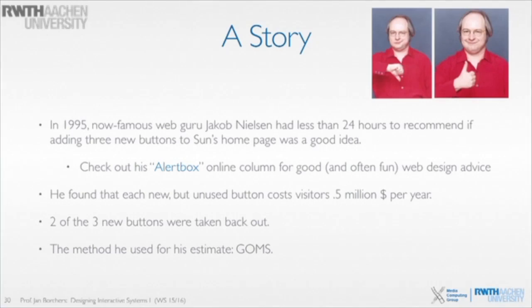he was given a task. He was working at Sun at the time, and he was given a task to give recommendations about whether Sun should add 3 new buttons to their homepage. The problem was he had less than 24 hours to do that. So in that time, you can't recruit users for a study and all that kind of stuff.